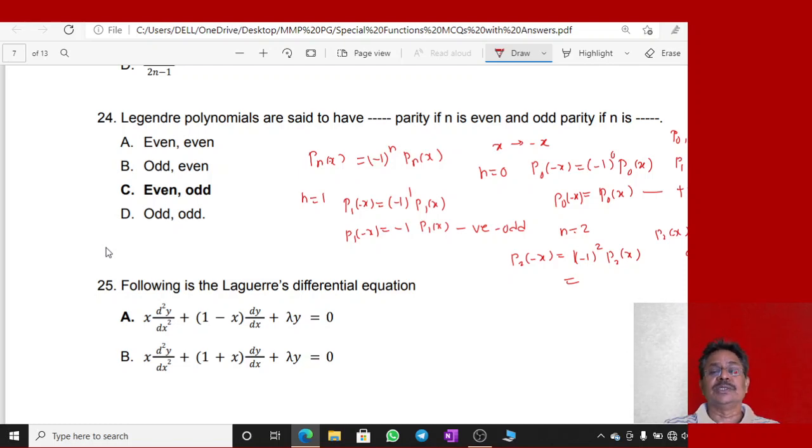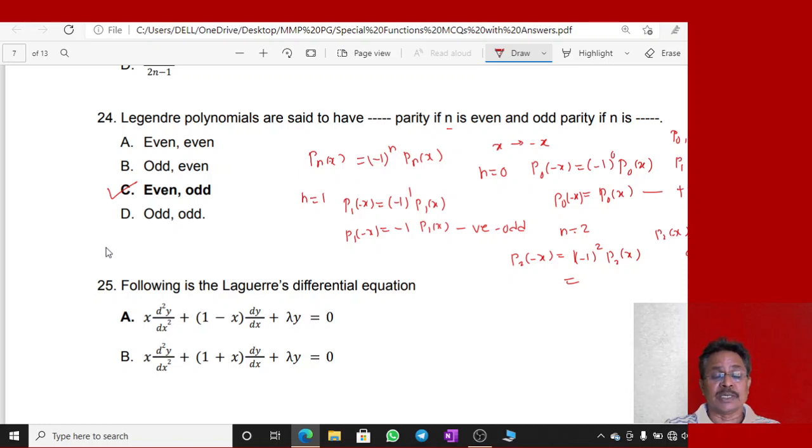Therefore there is a change in the sign, and as there is a change in sign, there is a change in the parity. Therefore Legendre's polynomials are said to have even parity if n is even, and odd parity if n is odd, and therefore the correct option of this question number 24 is C, even and odd.